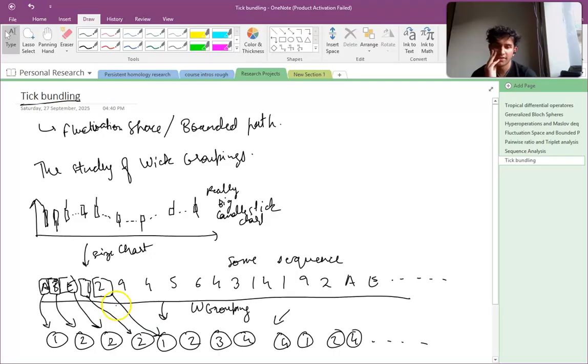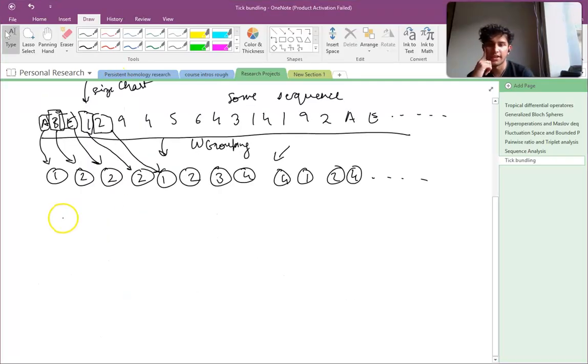Okay, so this is our mapping so far. So the idea is, instead of having a one-to-one mapping from our original sequence to our WG sequence, we want to have a 5-to-1 mapping.